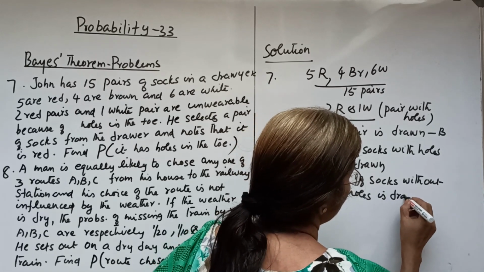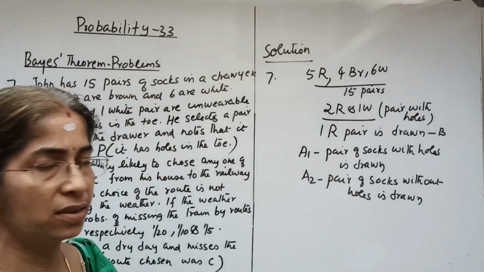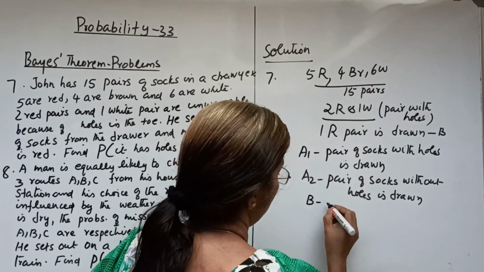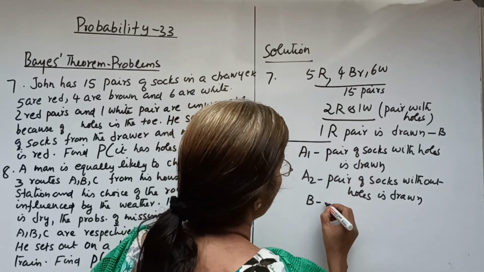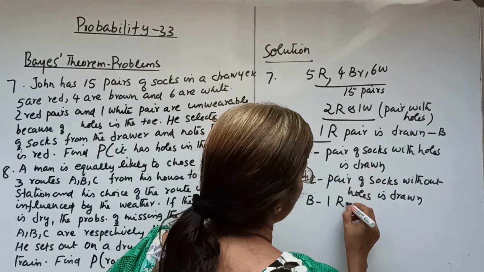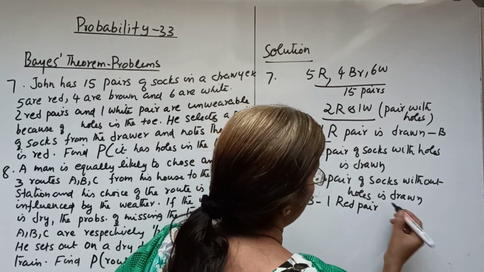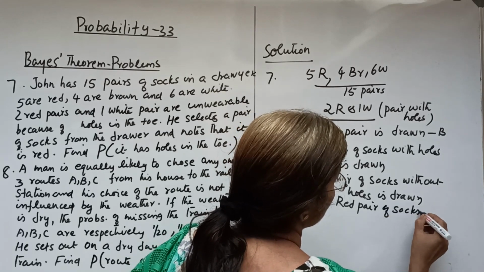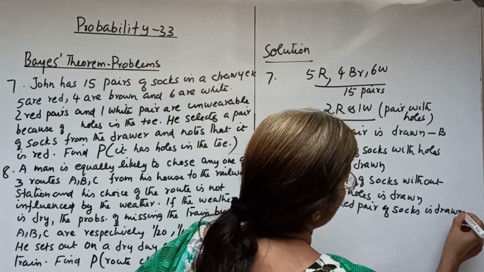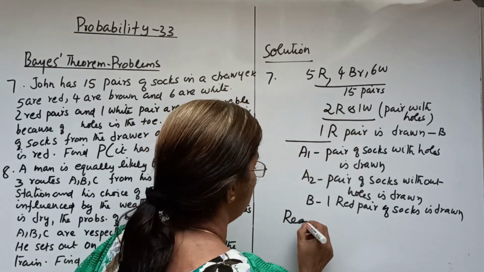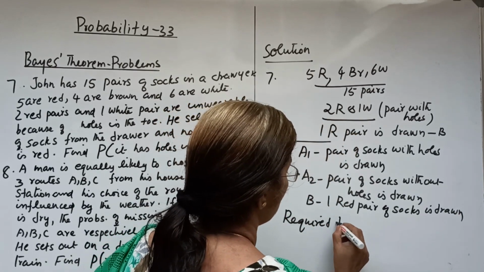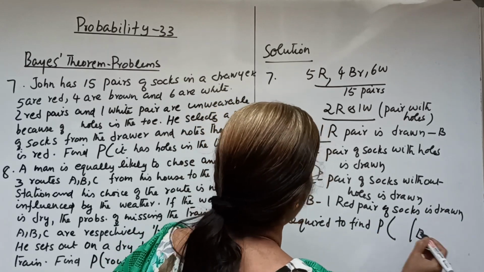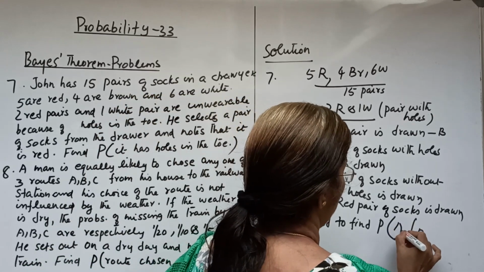Given that there are 3 pairs with holes in the toe. Okay, and B is that 1 red pair is drawn. Under the condition B, we are required to find the probability, given B, that it has holes in the toe, so A1.